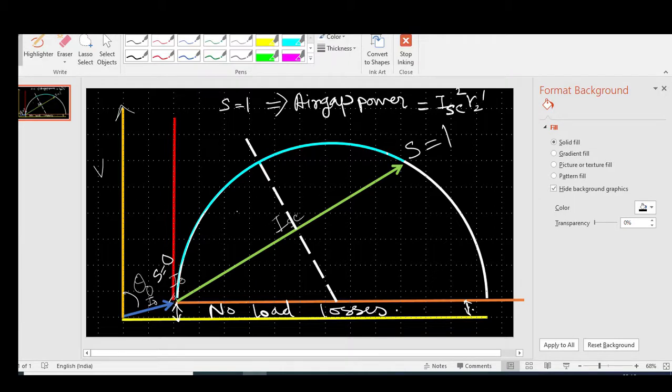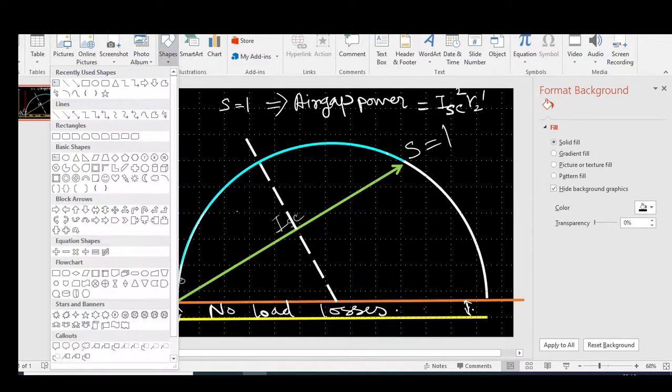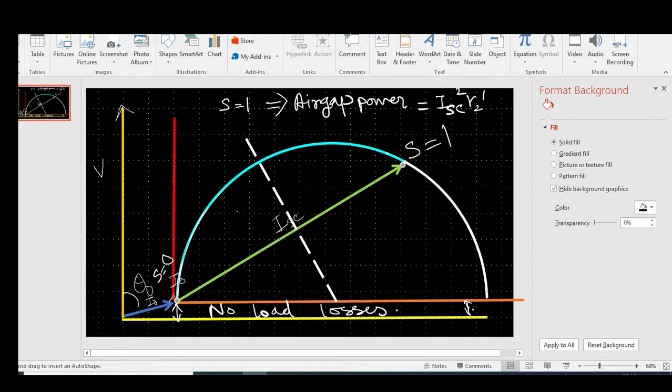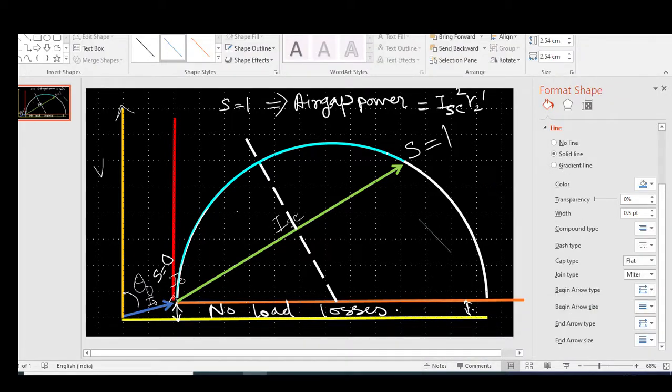Now let us draw a vertical line from this point on this red line.